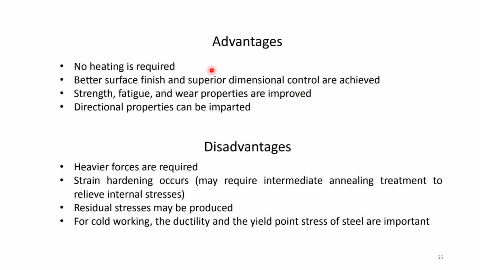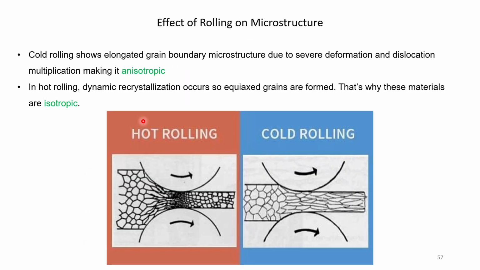As the surface finish becomes better, you know that in case of fatigue, as I told earlier, cracks start from the surface. So if the surface finish is very good, then it will show better fatigue properties as well. And in case of cold working, you're providing dislocation multiplication and an elongated type of structure, so it will have directional properties as well. I think it's shown here.